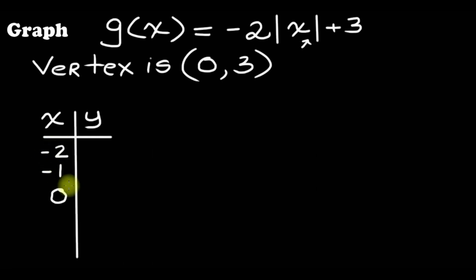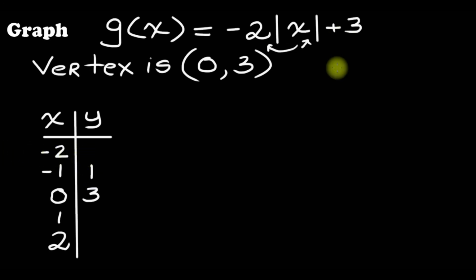So 2 numbers to the left of 0 and 2 numbers to the right of 0. Now we know that when x is 0, y is 3, because that's from the vertex. So now we plug -1 in for x. The absolute value of -1 is 1. 1 times -2 is -2, plus 3 is 1.